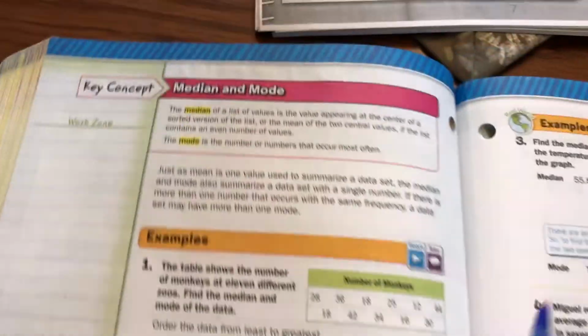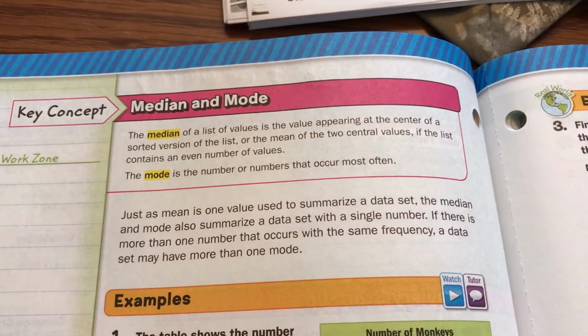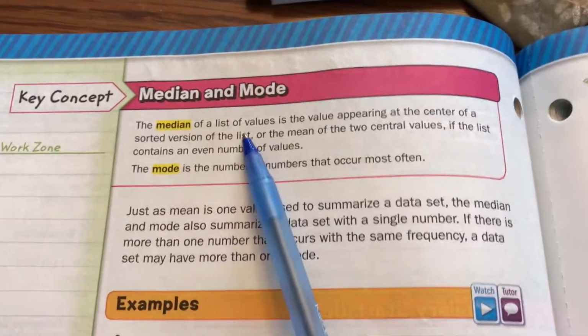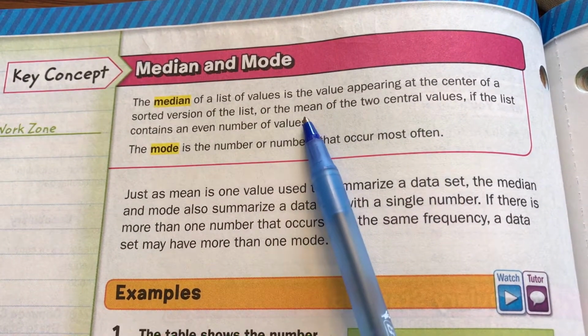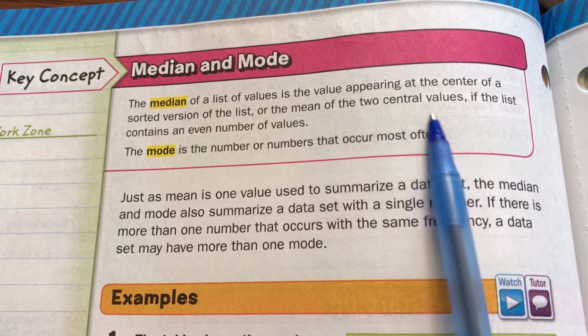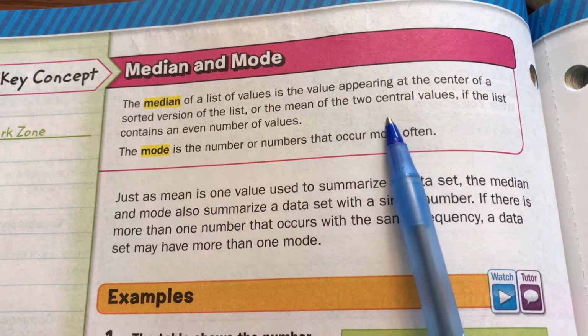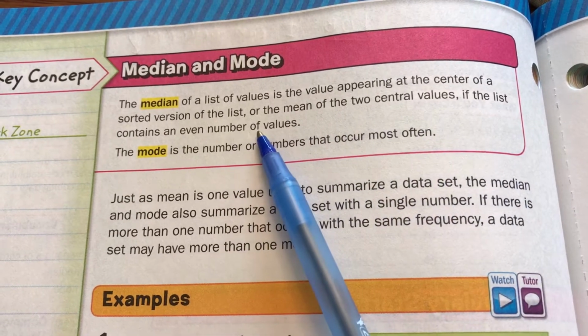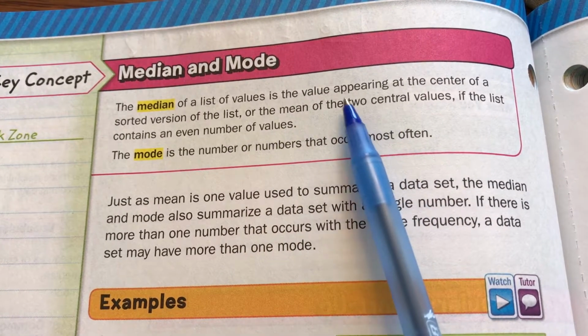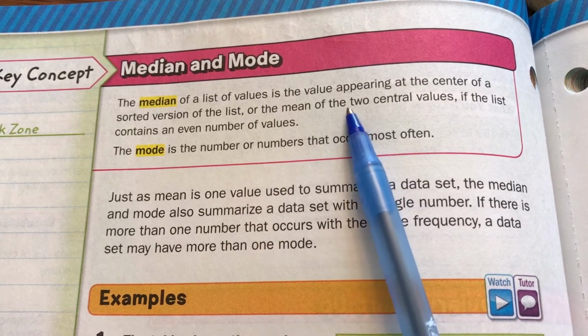All right, let's do some practice here. Up at the top, we'll just talk about median and mode. The median of a list of values is the value appearing at the center of a sorted version of the list, or the mean of the two central values. We're going to talk about this because this is going to be an exception that we'll find. If the list contains an even number of values, that's going to cause us just a little bit more work.